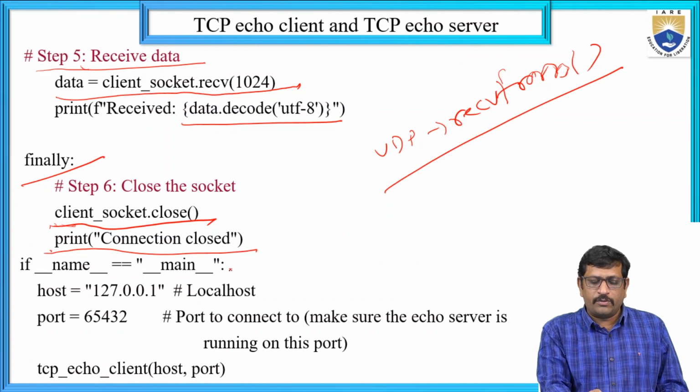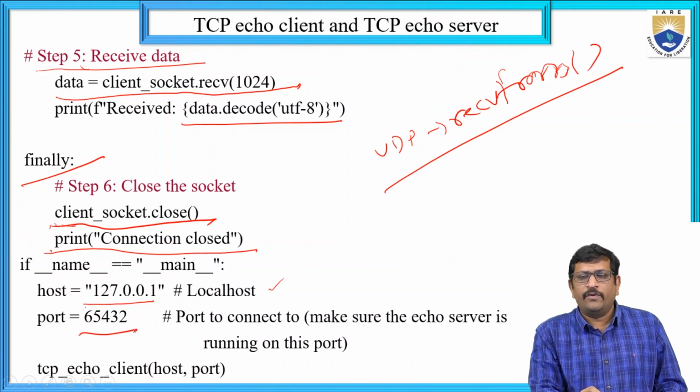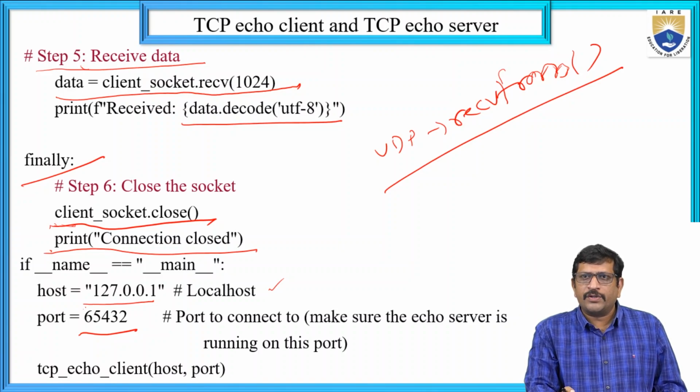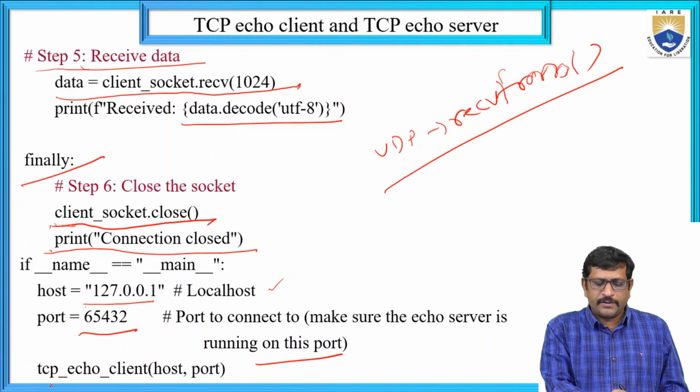Then, if __name__ equals __main__, the host is the IP address 127.0.0.1, which is localhost, and the port number is 65432. This is the port we connect to; make sure the echo server is running on this port. This is the TCP echo client.